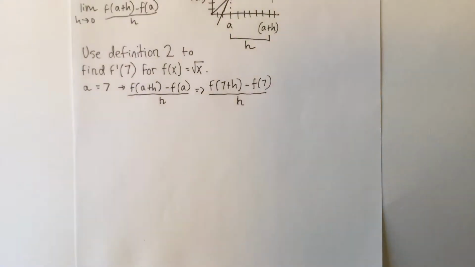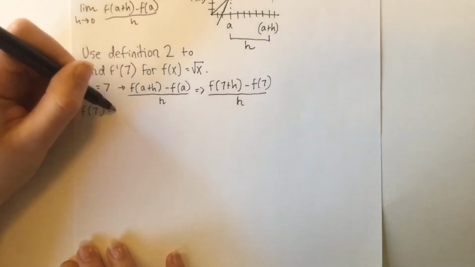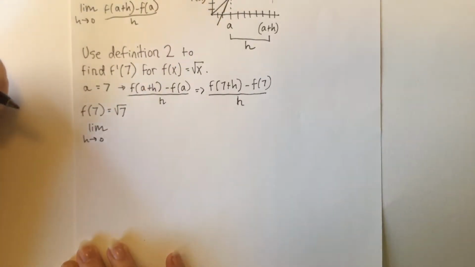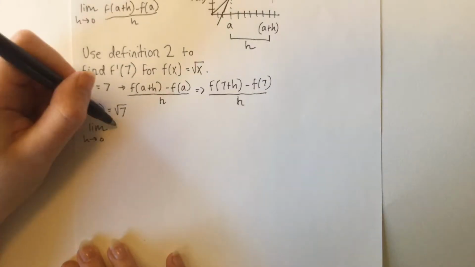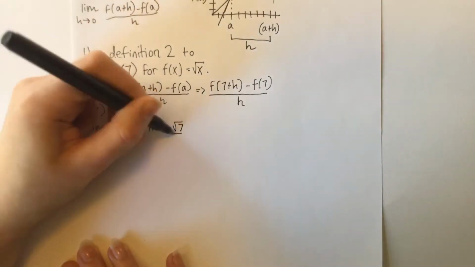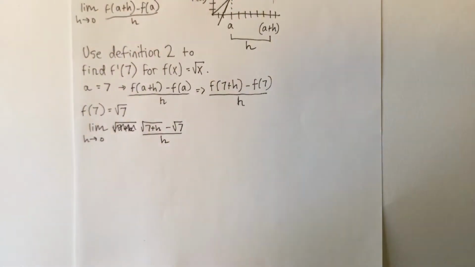So we can plug in 7 for a in all the places in the equation. It becomes f of 7 plus h minus f of 7 over h. We can find f of 7, we just plug it into f of x, so we get root 7. And then f of 7 plus h, that's sort of saying, okay, put 7 plus h in for x in the equation, so it becomes root of 7 plus h minus root 7 over h.